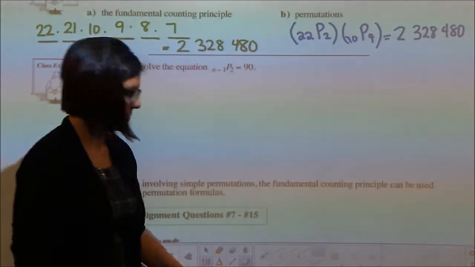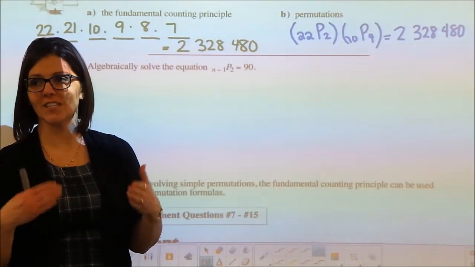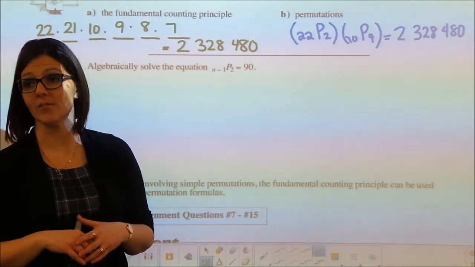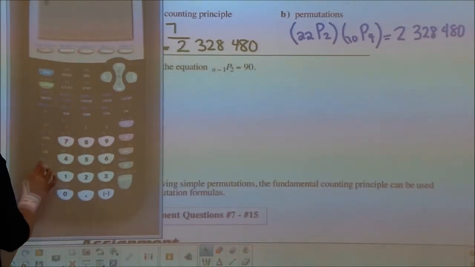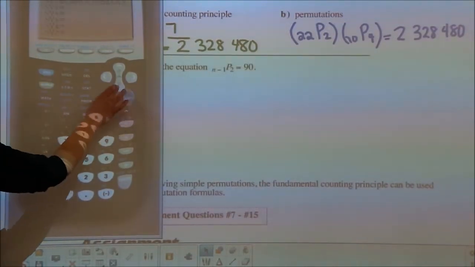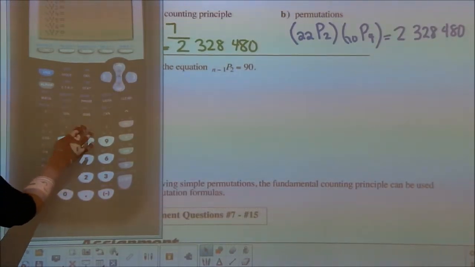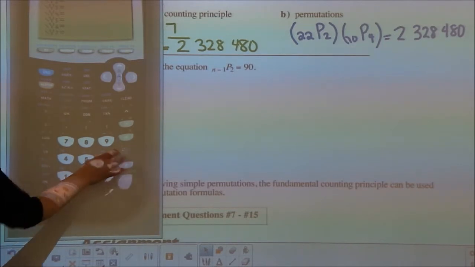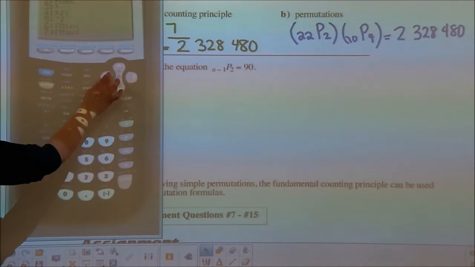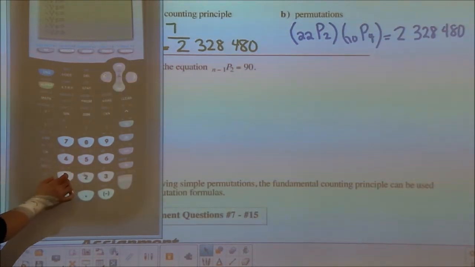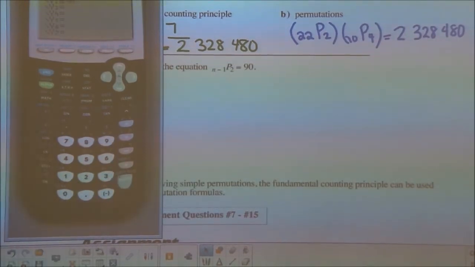You could graph this. Graphing's going to be a little bit tricky because of the way that the graph looks. But what you could do is set it up as a graph and then look at the table of values. So I went into my y equals, cleared my two equations, and I'm going to go bracket x minus 1 bracket, and then my nPr button, so math, and then I have 2, and then I have y2 equaling 90.